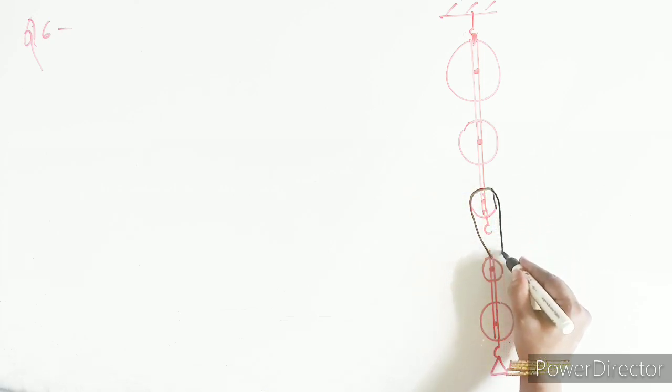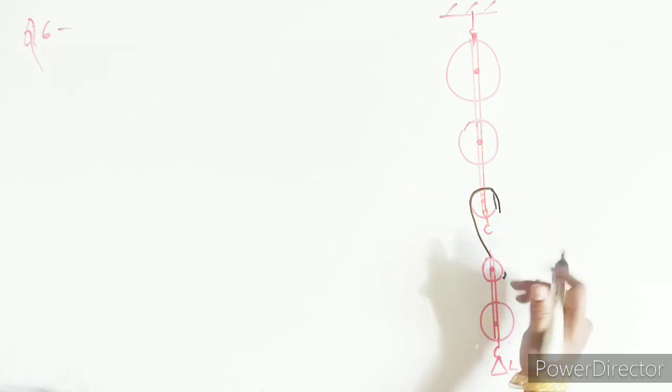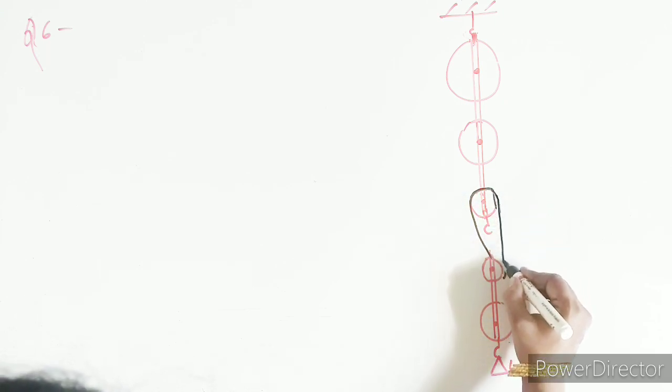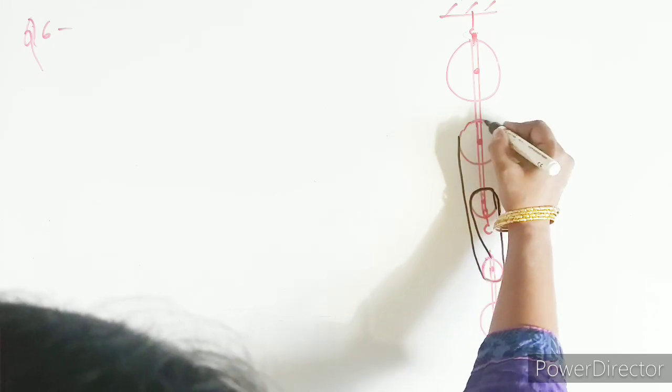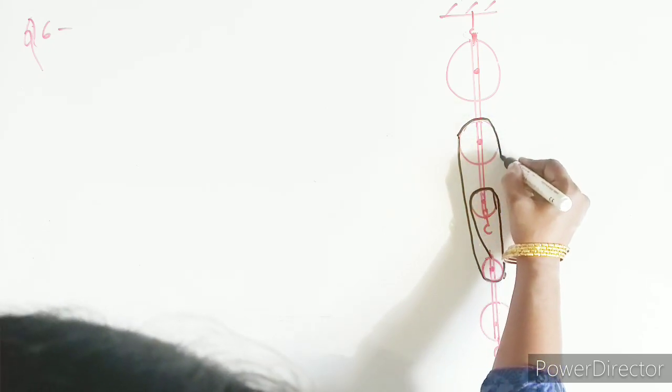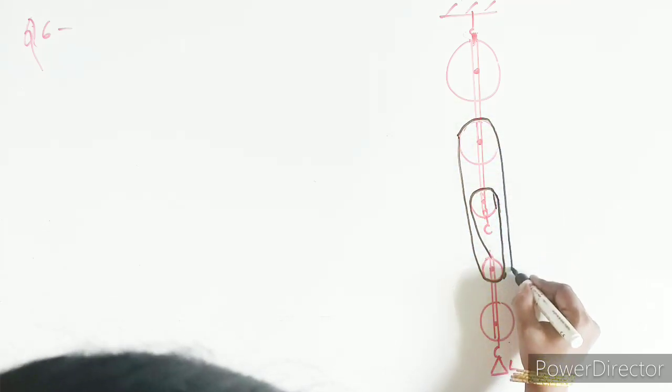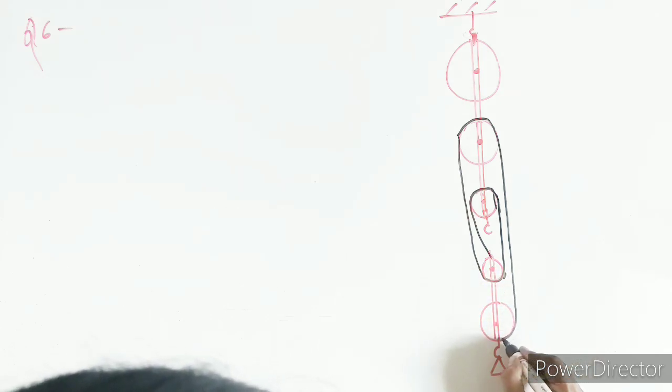From here it will move, and one important thing is that every time you have to see that the line which you are drawing here should be a straight line.